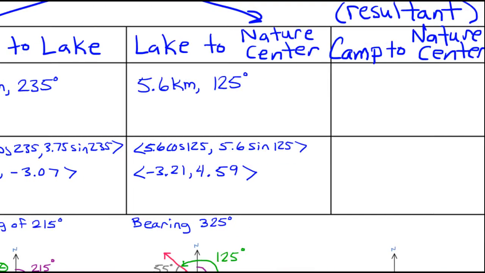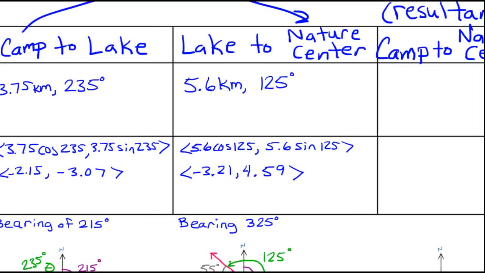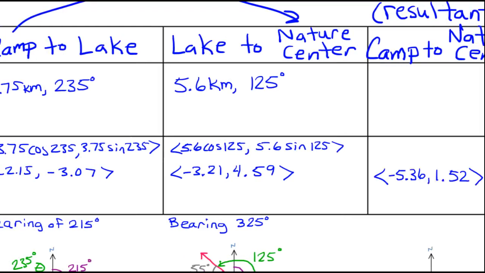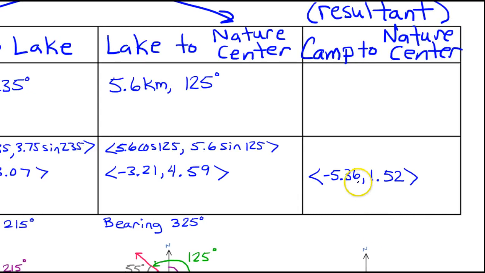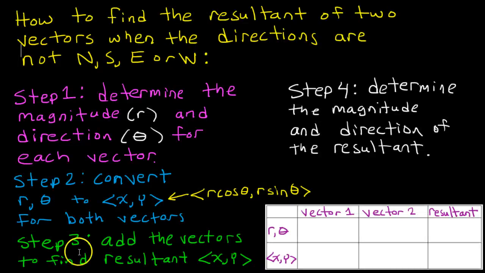And that's going to give me the resultant vector here. I'll just do that off camera. I am getting negative 5.36, comma 1.52. That is the resultant vector in component form. So that's it for the third step.